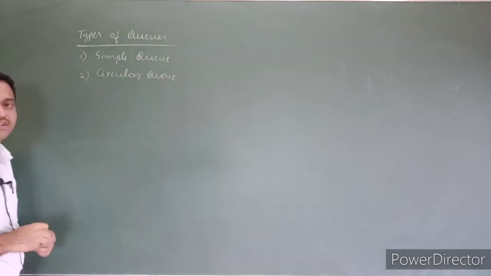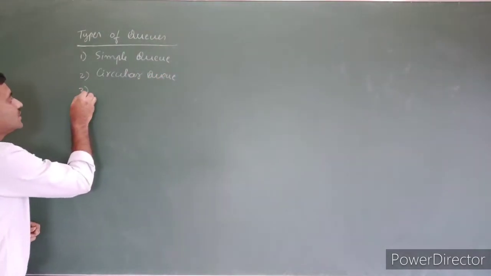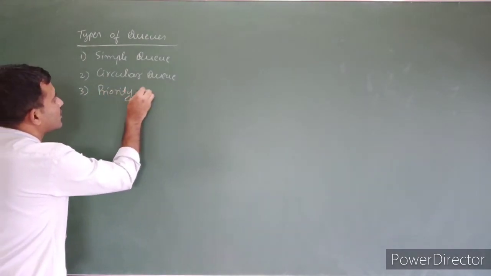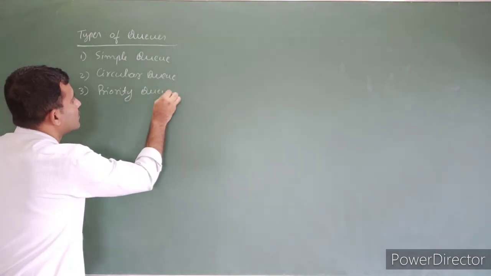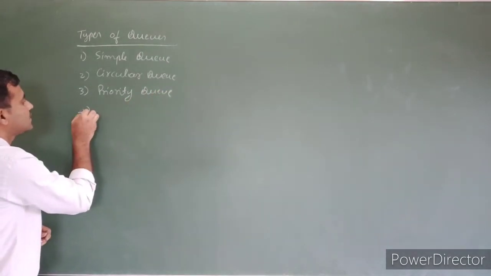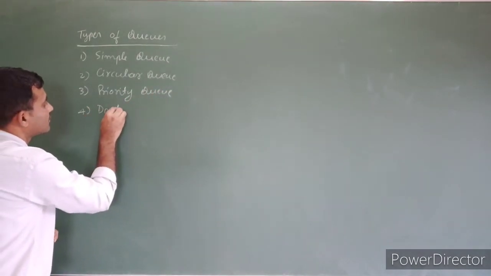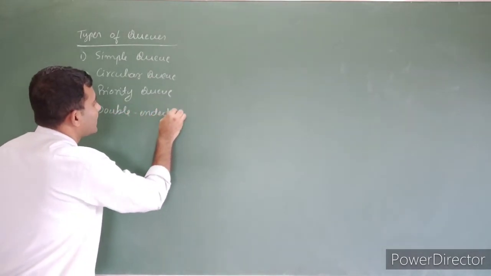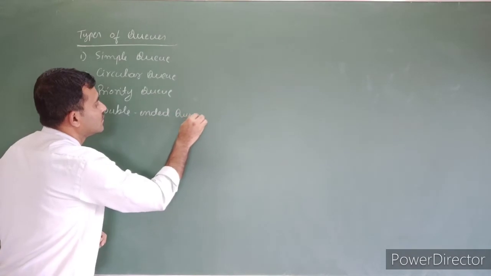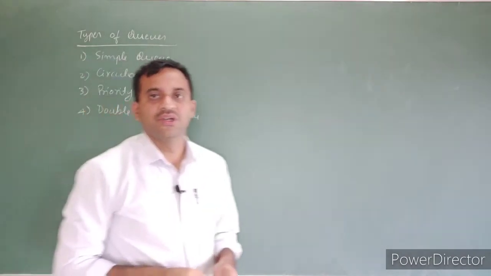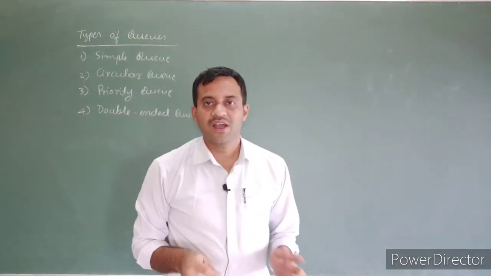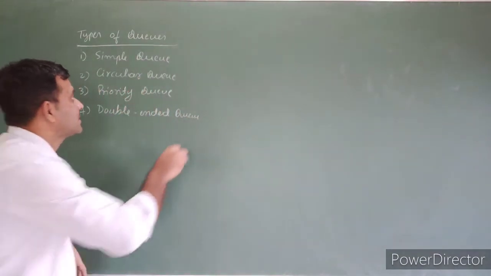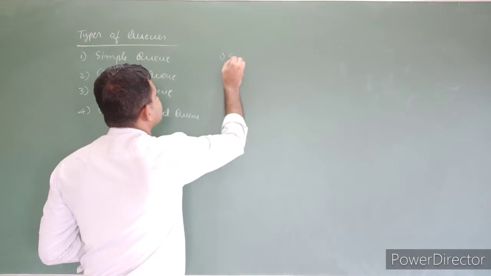The third one is priority queue. Then the fourth one is double-ended queue. These are the 4 types of queue. Queue is an ordered collection. Let's discuss one by one. First consider the simple queue.